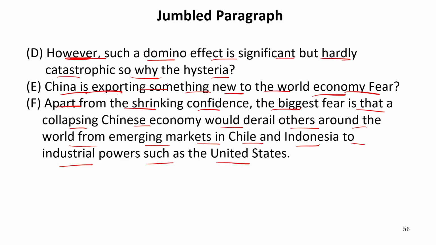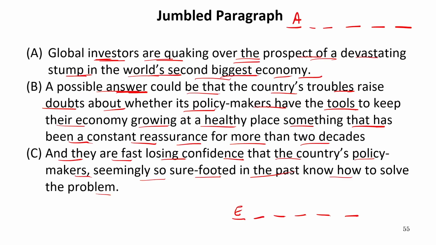So if we see, apart from shrinking confidence, the biggest fear is that a collapsing Chinese economy would derail others around the world, from emerging markets in Chile and Indonesia to industrial parks such as the United States. So China, after this, global investors are quaking over the prospect of a devastating slump in the world's second biggest economy.